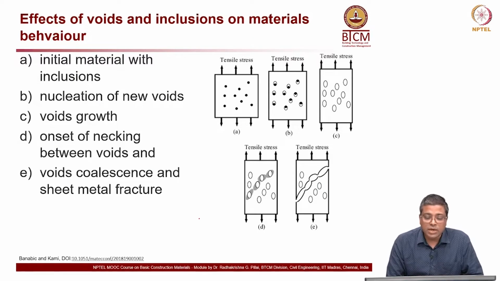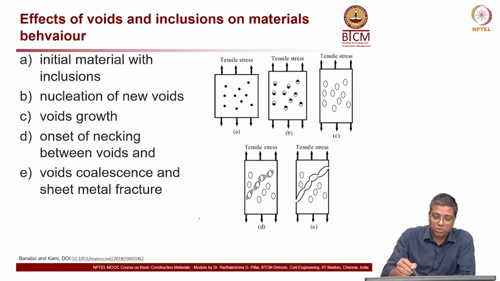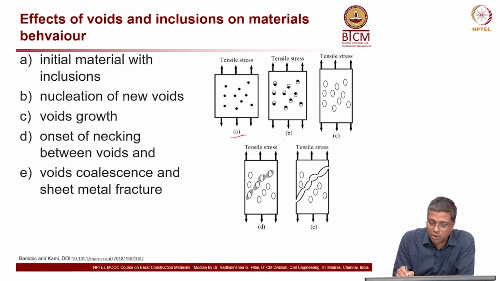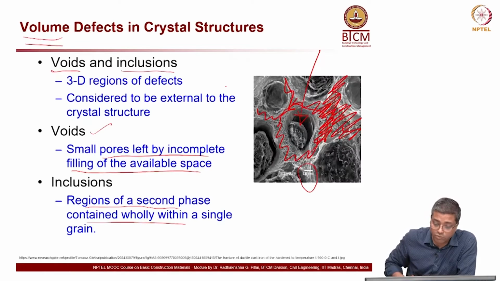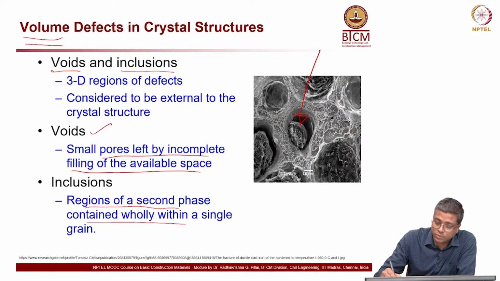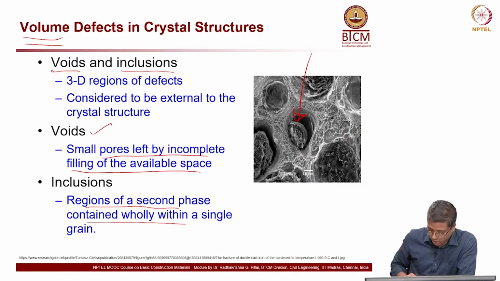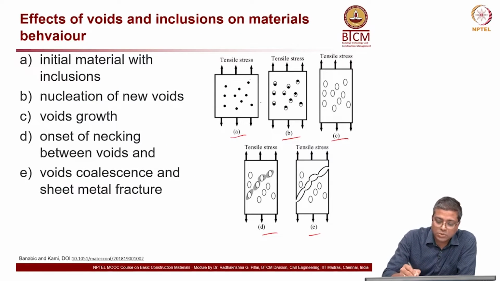Now, effects of voids and inclusions on material behavior. Look at the 5 images here, A, B, C, D and E. What is happening in the A case? You have these inclusions or voids like this one. A lot of these black dots which you see here are all those inclusions, or even voids, we can say the same thing, but let us talk about the inclusions right now. As you keep applying tensile stress, you can see the black arrows on each of those drawings.